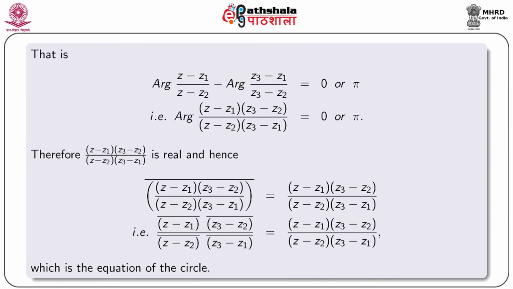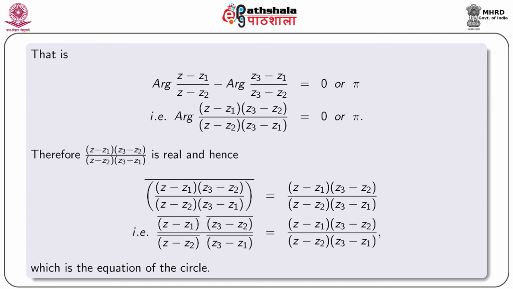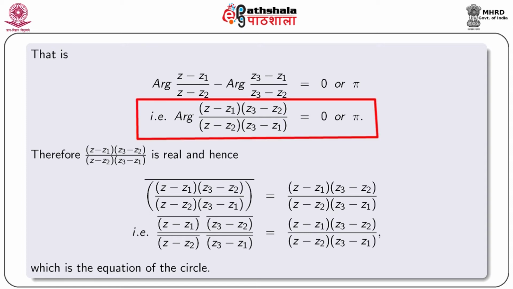That is, we can say that argument of (z minus z1) by (z minus z2) minus argument of (z3 minus z1) by (z3 minus z2) is either 0 or pi. That is, argument of (z minus z1) into (z3 minus z2) by (z minus z2) into (z3 minus z1) is either 0 or pi.